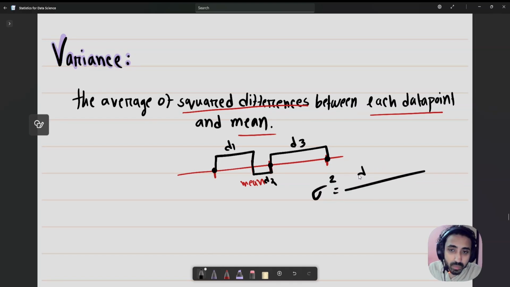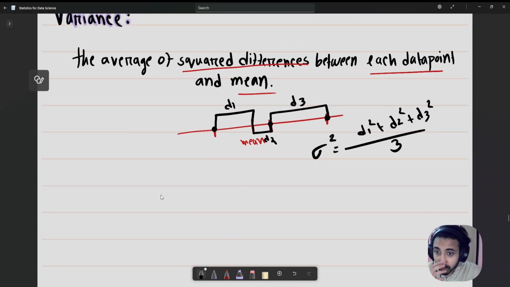The variance will be d1 square plus d2 square plus d3 square divided by 3, their average. This will be the variance. So what does this give us? This gives us an average value. We can say this data set's variance is 7. That means on an average, all the data are deviated by 7 units from their mean.